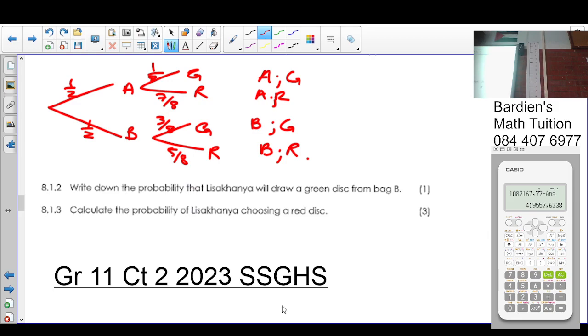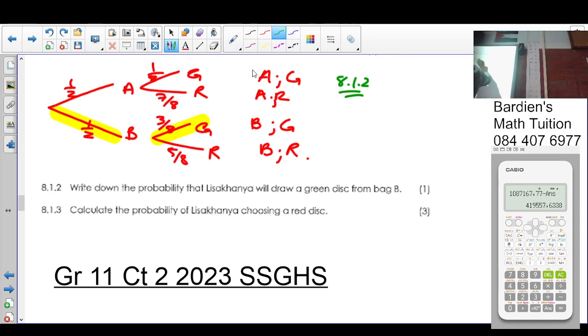8.1.2. Write down the probability that Lisa Kanya will draw a green disc from bag B. So, in other words, this is the branch you will be following. Green disc from bag B. Can you see that, people?